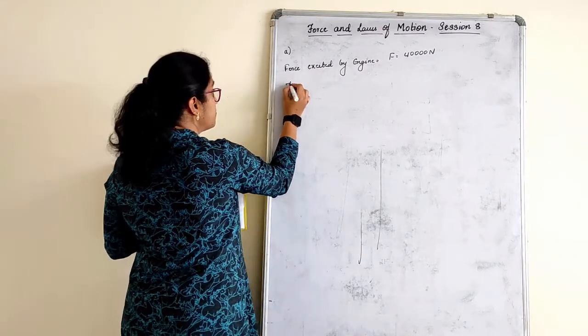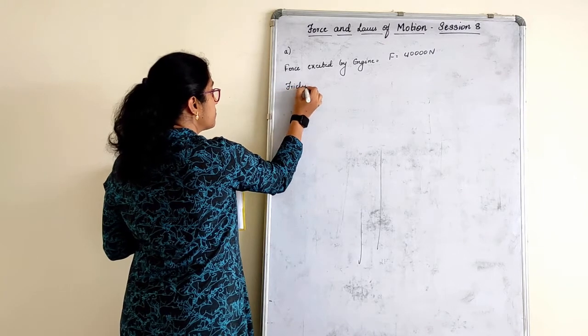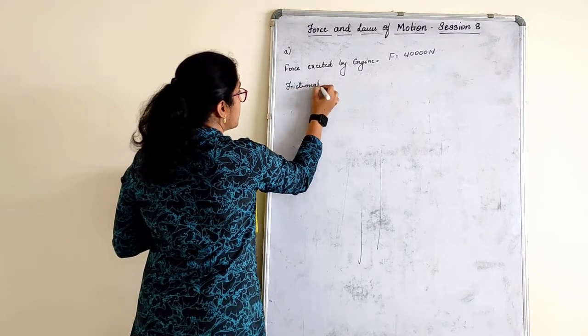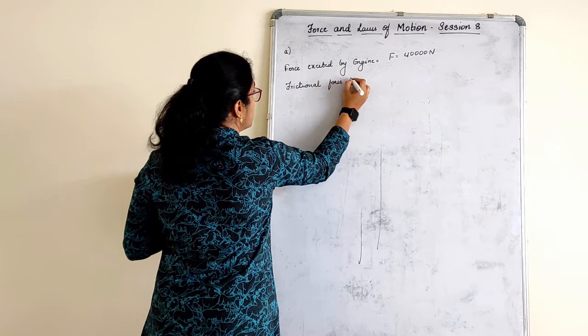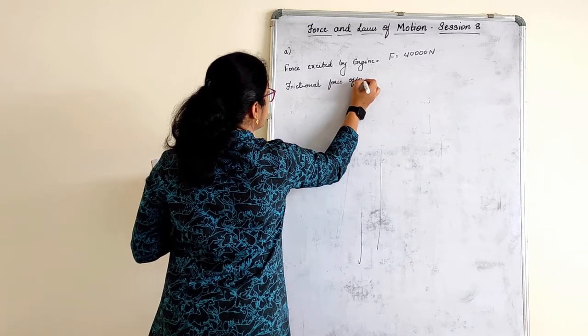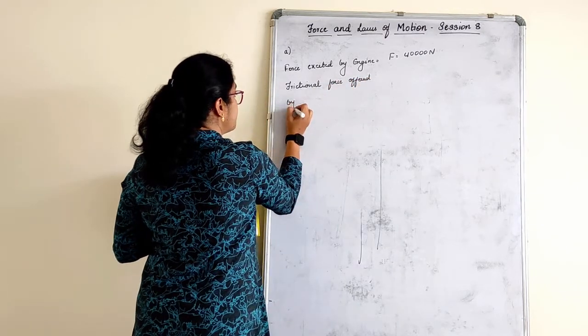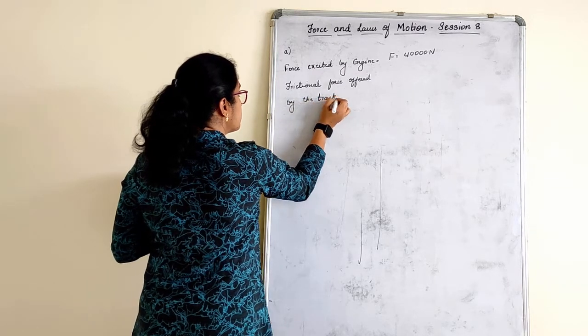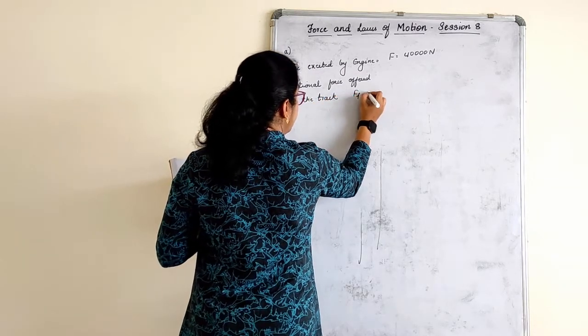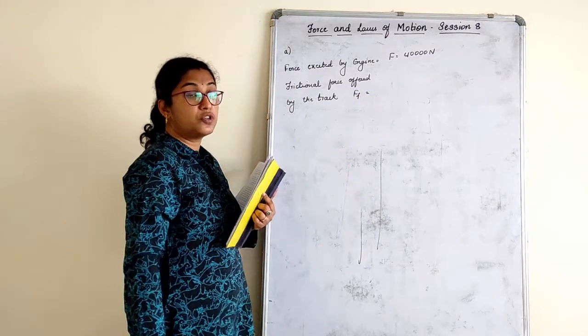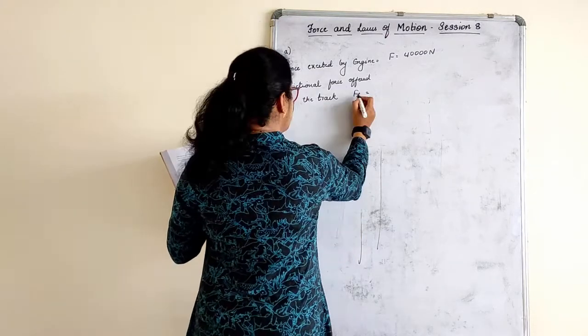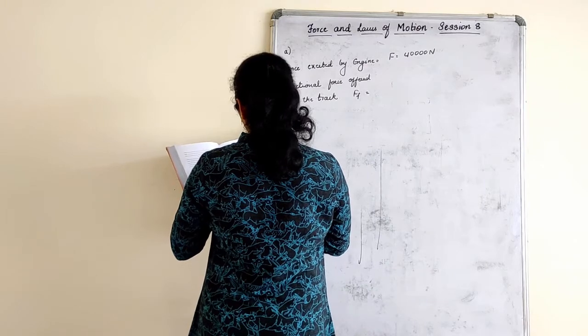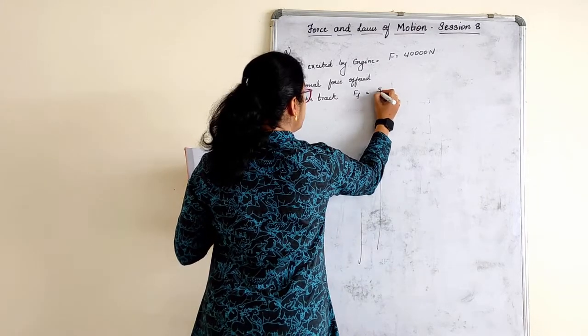Frictional force offered by the track, F. How much have they given? 5,000.